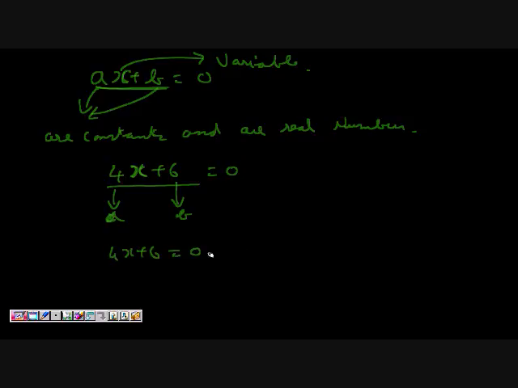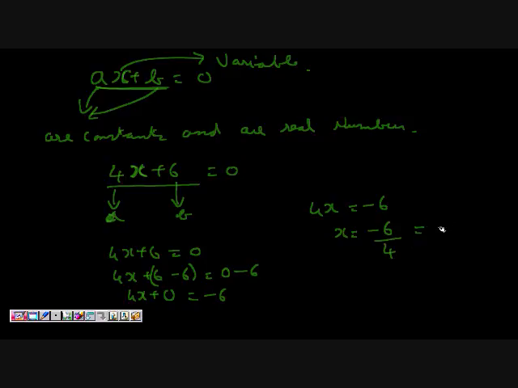If you subtract 6 from both sides, 4x plus 6 minus 6 is equal to 0 minus 6. 4x plus 6 minus 6 is 4x, and 0 minus 6 is minus 6, so 4x is equal to minus 6, or x is equal to minus 6 divided by 4, or minus 3 divided by 2.